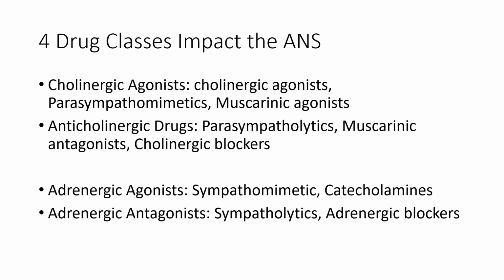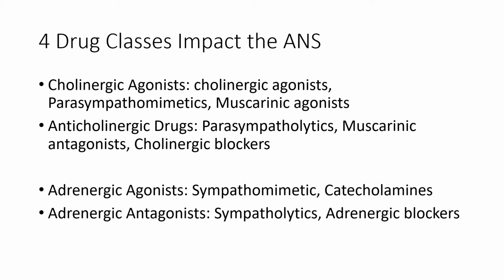So you can do two things to each side. So there's going to be 4 drug classes. On the sympathetic side, I can stimulate it or I can inhibit it. Okay. On the parasympathetic side, I can stimulate it or I can inhibit it.